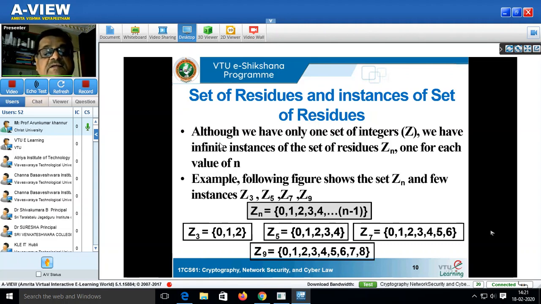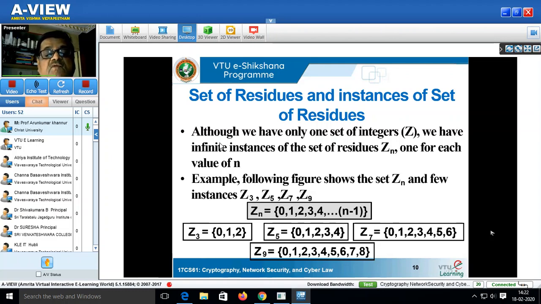We shall try to understand what we just mentioned: the set of residues and instances of the set of residues. Although we have only one set of integers Z, we have infinite instances of the set of residues Zn, one for each value of n.